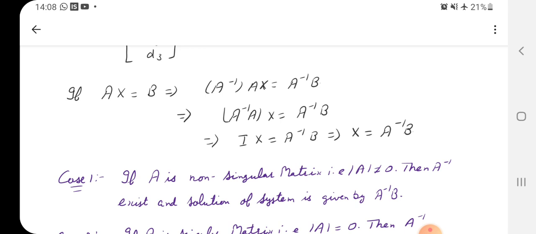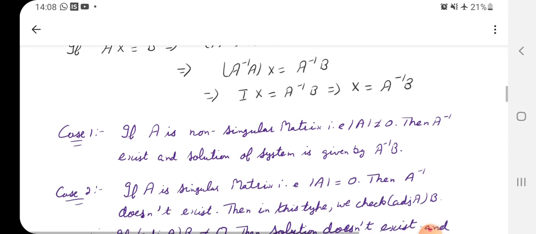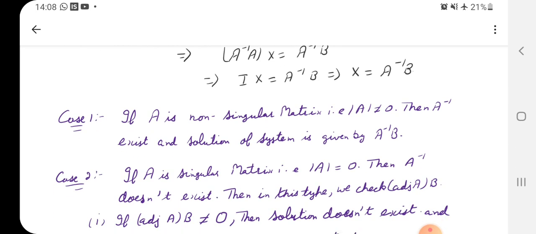So we will get X = A inverse B. Now if A inverse exists, A inverse times B will also exist, and X is the matrix of unknowns. If two matrices are equal, their corresponding elements are equal. So we will get the values of x, y and z, that are our unknowns.